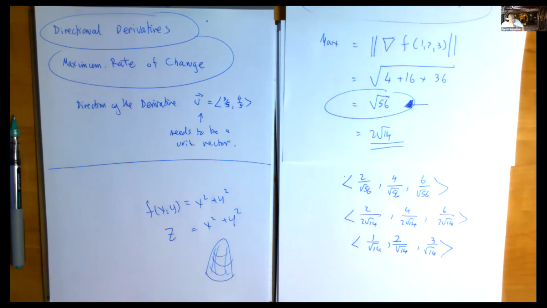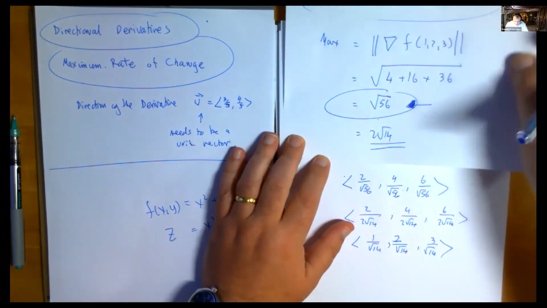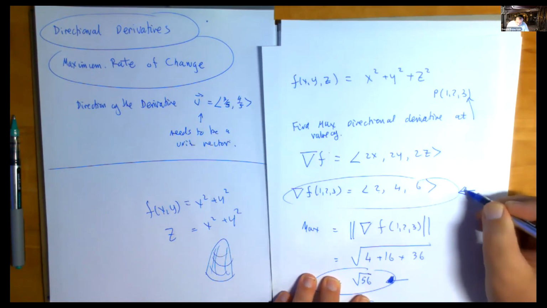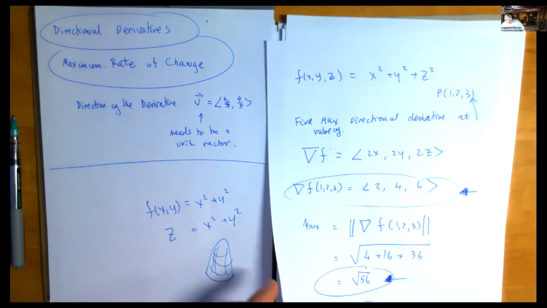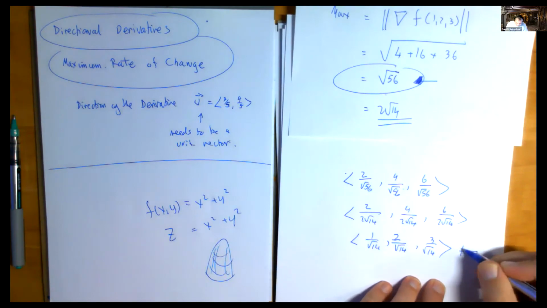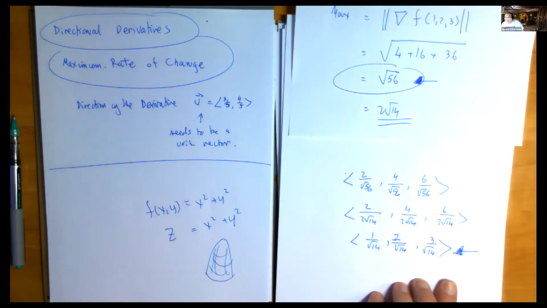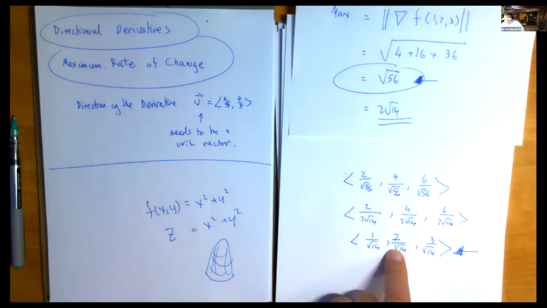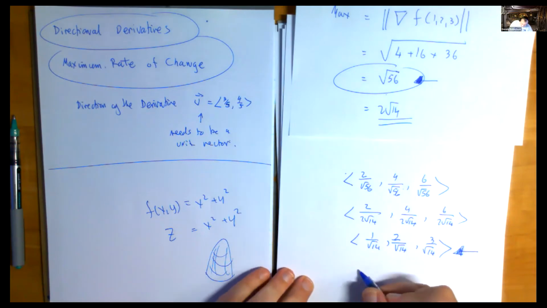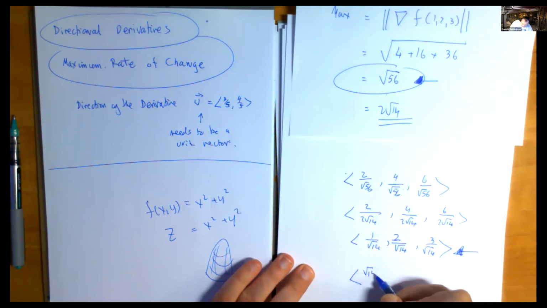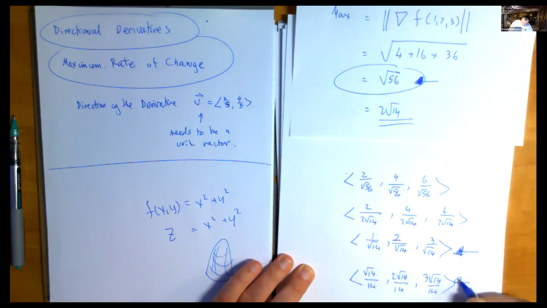Now, when I was looking at WebAssign, it looks like they will allow that as the correct answer. They will allow the unit version. So that guy and that guy are the same direction. Isn't this guy just not a unit vector and this is? And if you really want to be nitpicky, wouldn't that guy also be the correct answer?